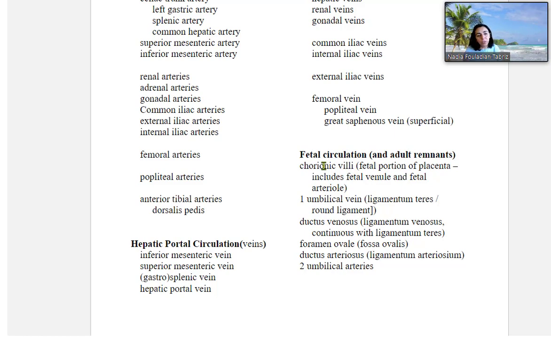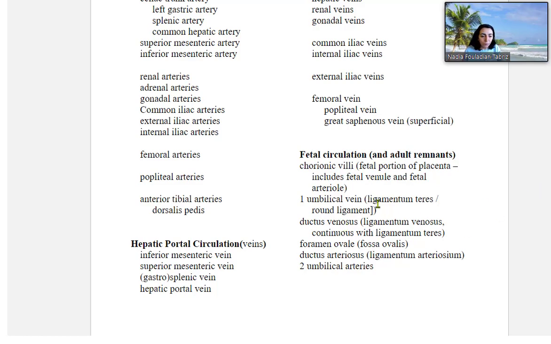And you need to know, besides that, you know all the fetal circulation and the vessels that has been existed in the fetus, but you need to know the structures that are getting closed and the ligaments that we have in the adult instead of those vessels, right?